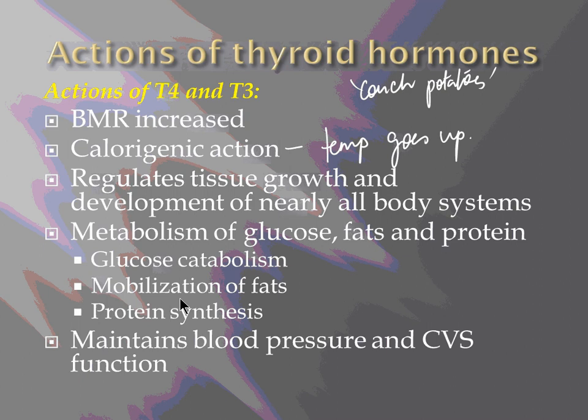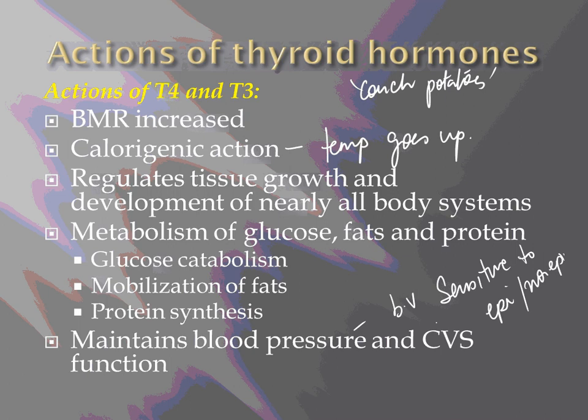As I said, since it acts on all body tissues, it maintains the cardiovascular system function. It maintains blood pressure because what it does is it makes the blood vessels more sensitive to epinephrine and norepinephrine. So you can understand, with someone who has a hypersecretion of thyroid hormones, what do you think their blood pressure will be?